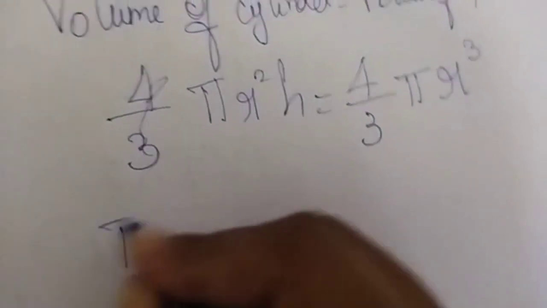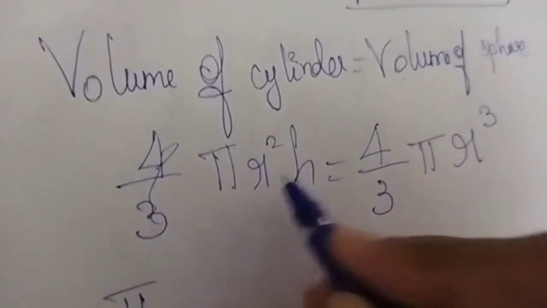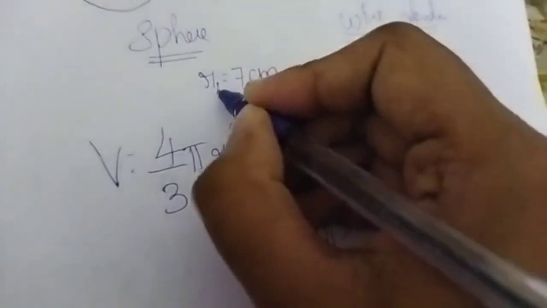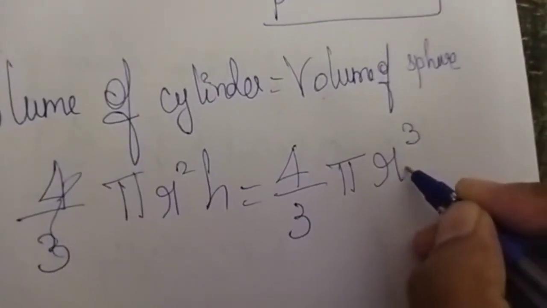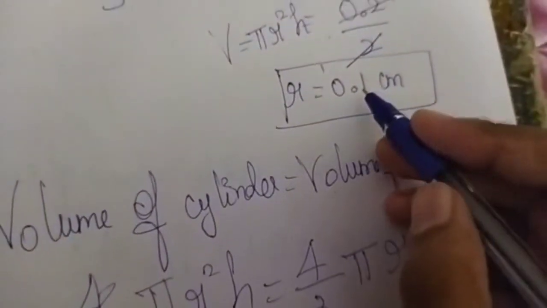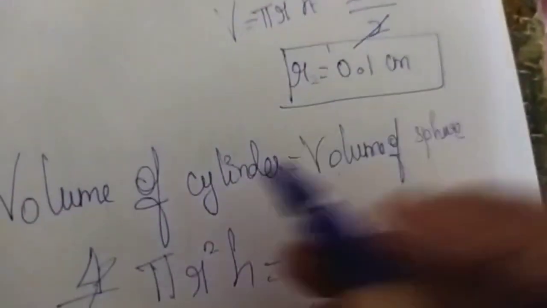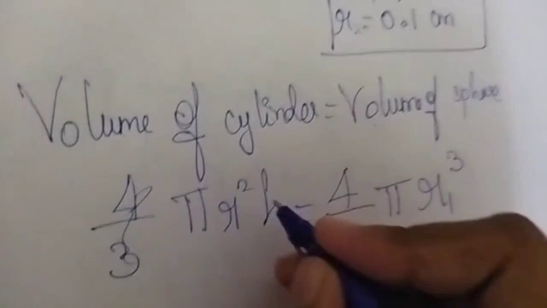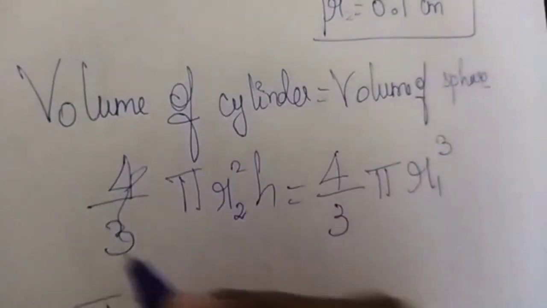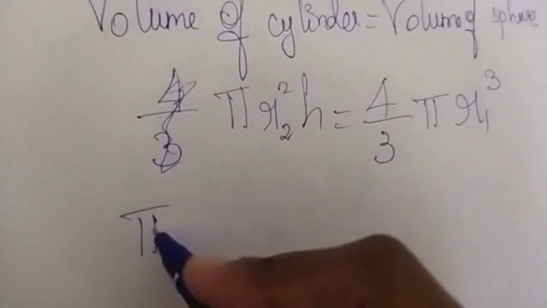Let me take radius of sphere as R1. So in formula we have R1 cube and radius of cylinder as R2. Now we can substitute the values here.